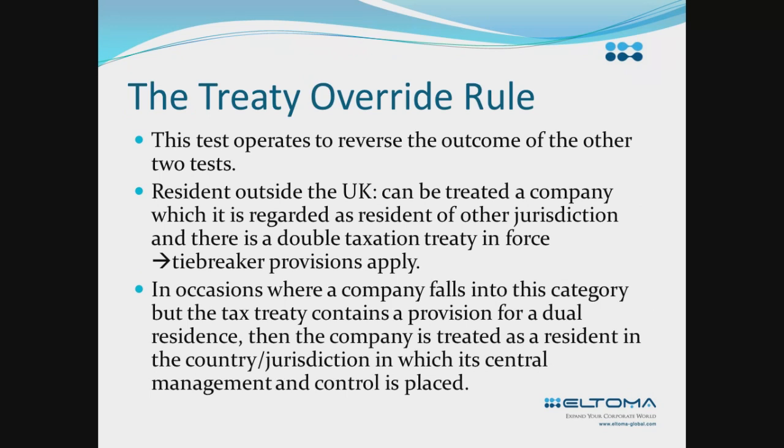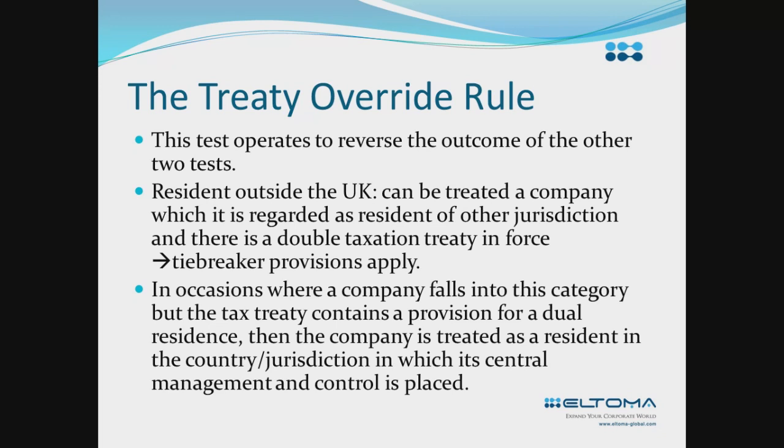Now, let's go to the third test, the treaty override rule. The treaty override rule operates to reverse the outcome of the other two tests, the place of incorporation and the place of central management and control, in order to identify a company as a resident outside the UK.